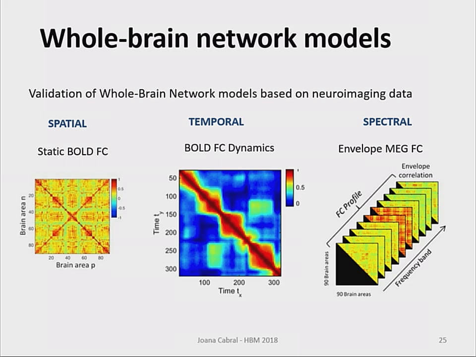So if indeed you have different functional networks that synchronize over time, and also see if you can explain the frequency specificity of functional connectivity that is detected with MEG. So what does this mean? It means that in MEG, they found that some functional networks are more connected in a specific frequency range.